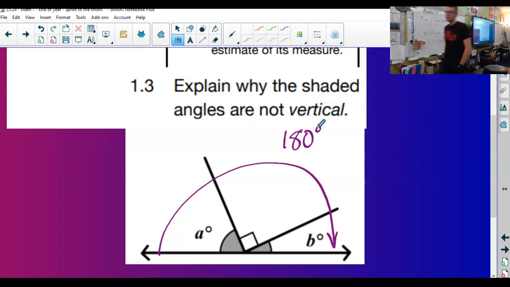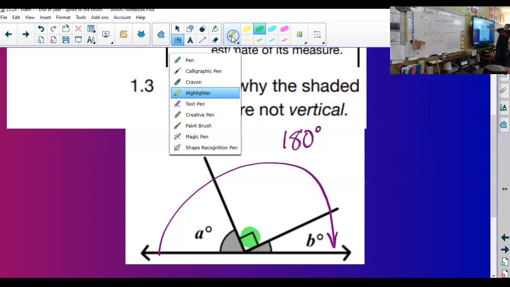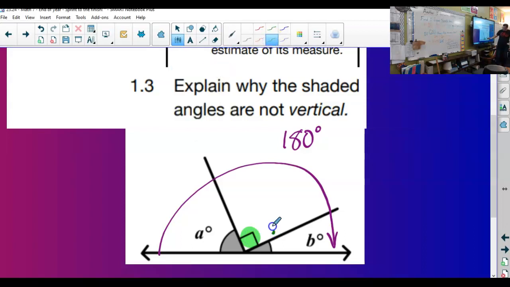Zeke, what else do we recognize? There's a right angle here. We said yesterday that that little box tells us that's a right angle. Donna, what else do we know then?